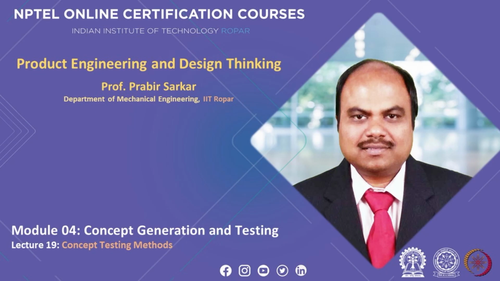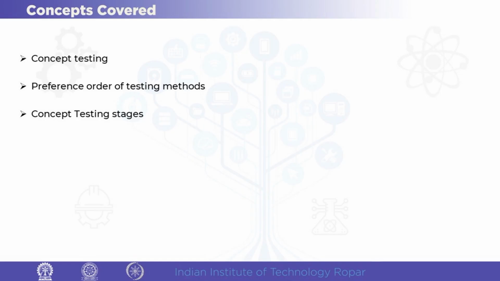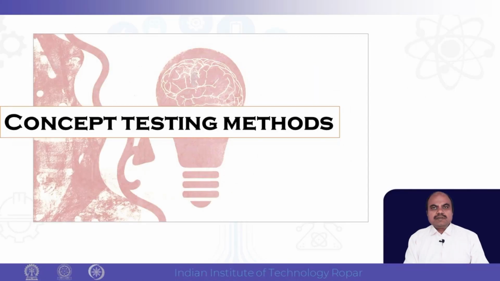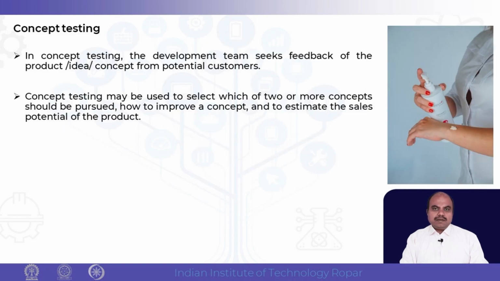Today we'll be discussing concept testing methods. Initially, what we have seen is that we identify multiple problems from the user and then take one of these problems as our main focus.